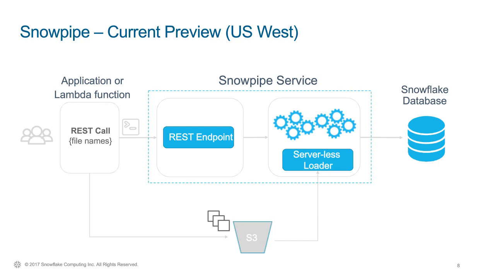As soon as the files are persisted there, you would invoke the REST API for Snowpipe from your application or your Lambda function. Snowpipe then places, as I mentioned, these files in a queue just right behind the REST endpoint. And then you have the serverless loader that works off of that queue to load the data into the target tables that you have defined.